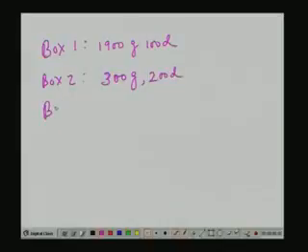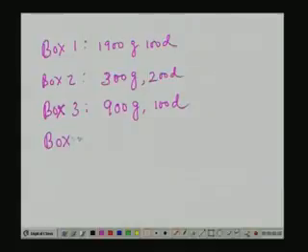Box 3 had 900 good items, 100 defective items, and the last box, box 4, also had 900 good items and 100 defective items.